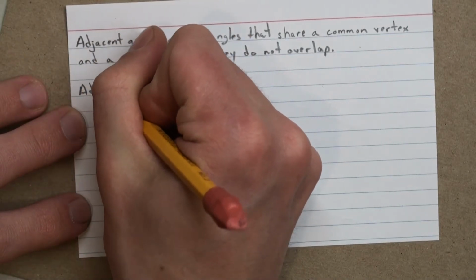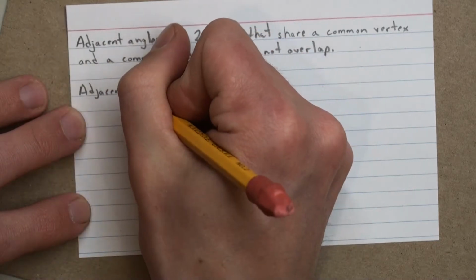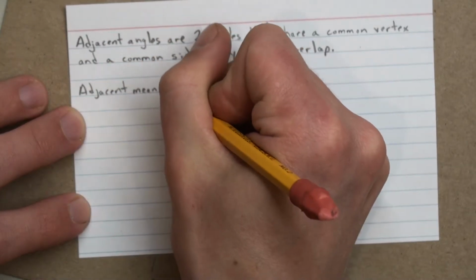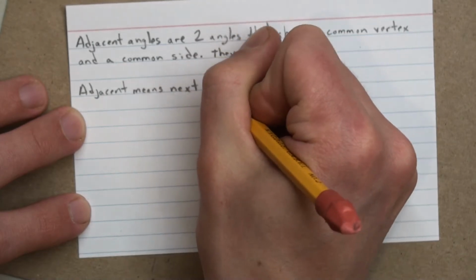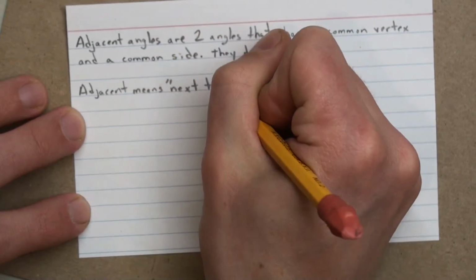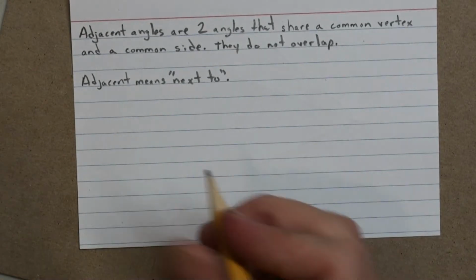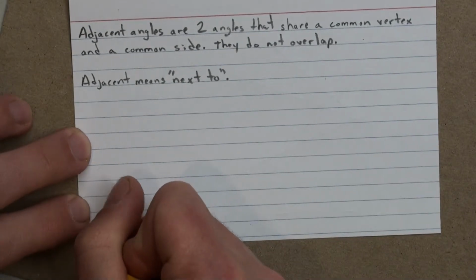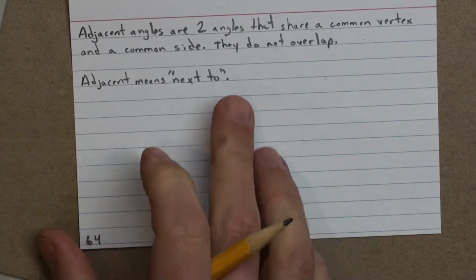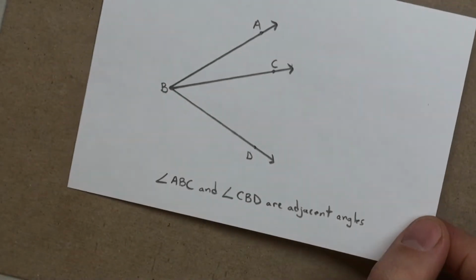On the front, I'm going to put adjacent means next to. And this is card 64. So there you go for that one.